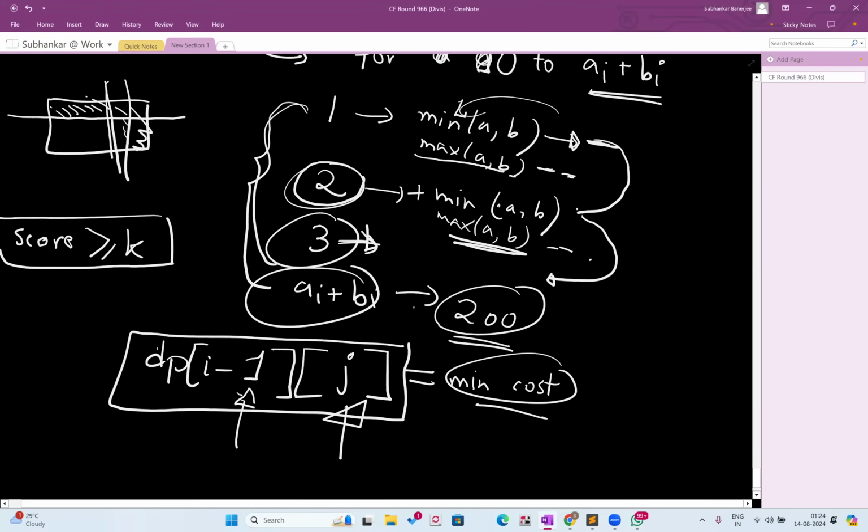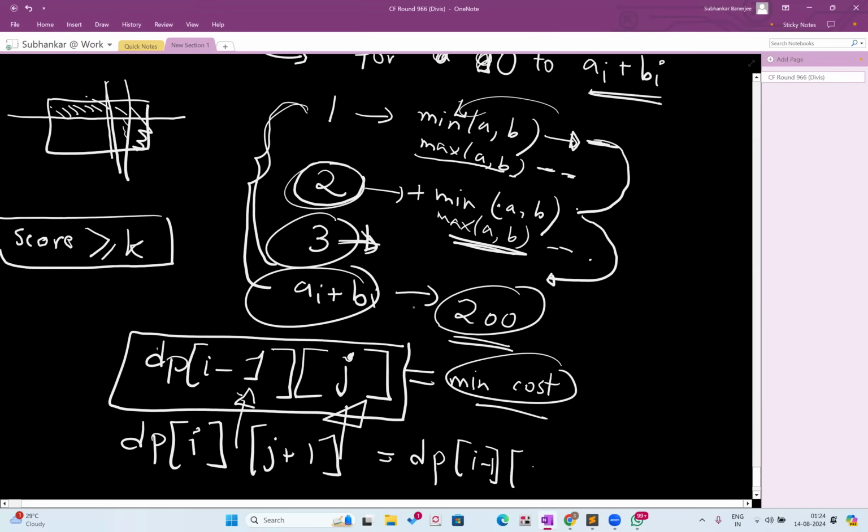Suppose I minus 1 comma j is reachable. So whenever I am taking the ith rectangle, I comma j plus 1 is reachable with I minus 1 comma j plus the cost that I need for the ith rectangle and 1 point.